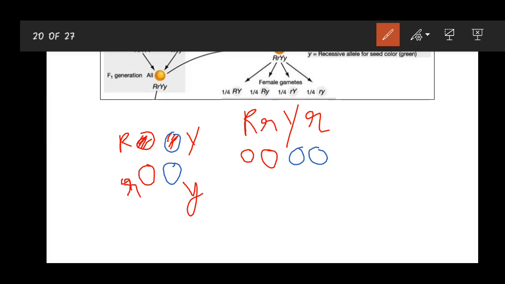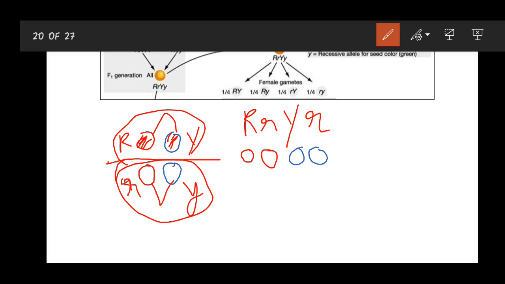This is one type of arrangement where these two get separated into this pole and these two get separated into this pole. As a result, we now have capital R and capital Y in one cell and small r and small y in the other cell. This is one type of arrangement.